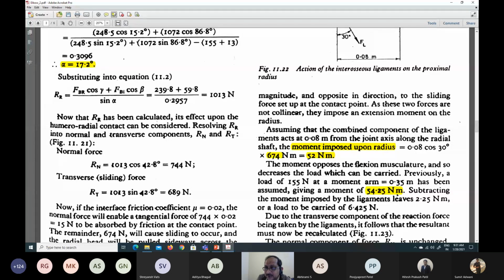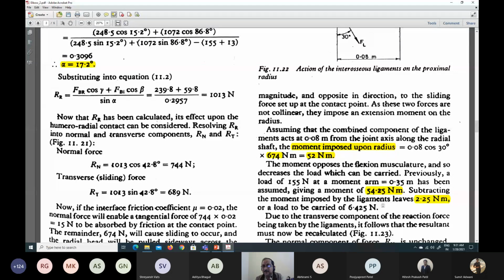Now, once we consider the ligament and include the ligamentous force, this is actually helping the system to lessen the weight being carried. So if we subtract 52 Newton meters from 54.25, the moment created by the external force, we are left with 2.25 Newton meters to be carried.